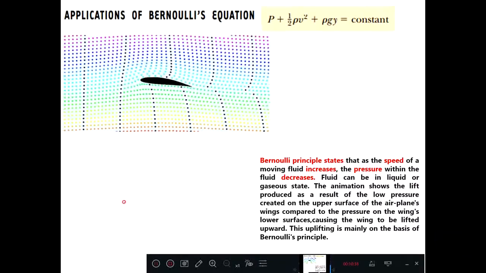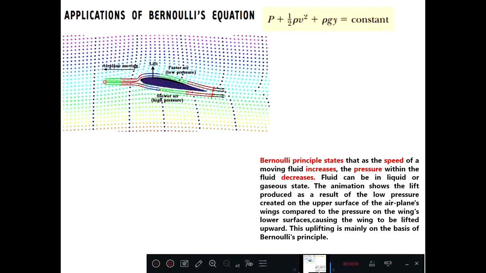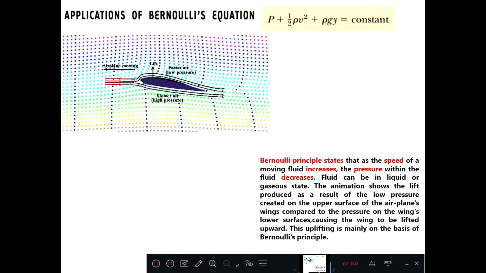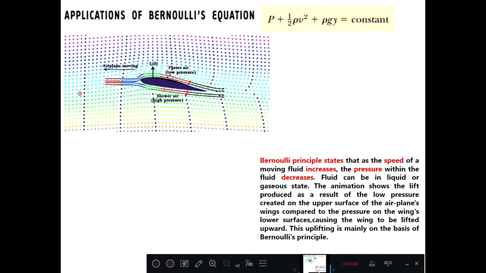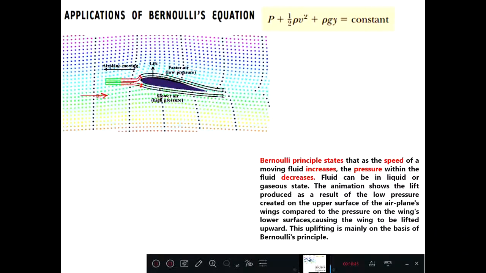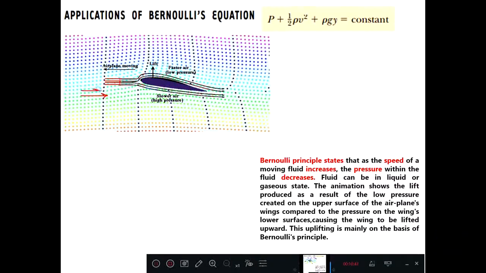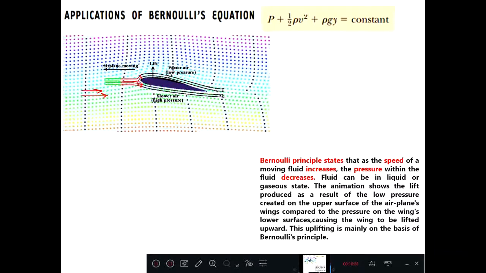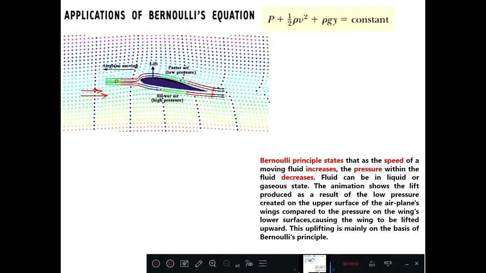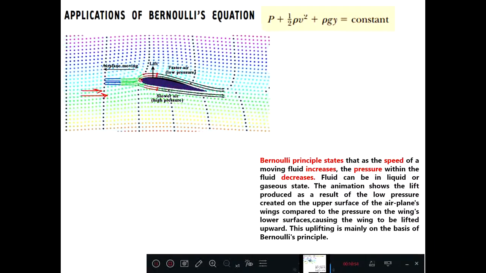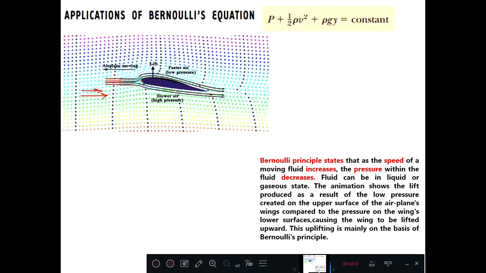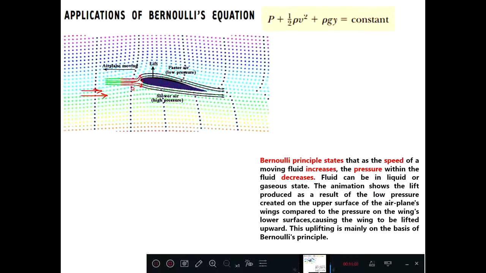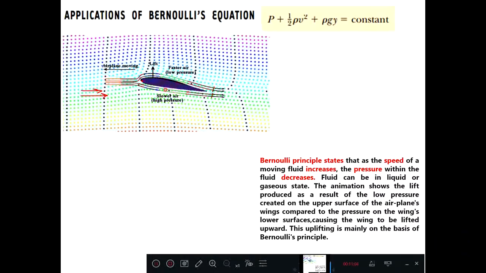Okay, so look at this one. The aeroplane is moving in this direction, and the air is moving in this direction, opposite to the motion of the airplane. Okay, so what happens the moment the air particles come and hit at this point? The air particles will get split up, and they will all move in a streamline flow.